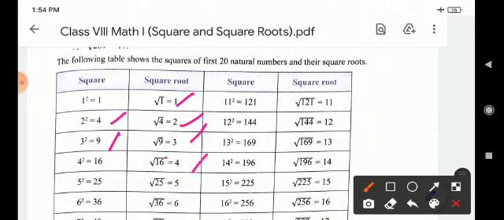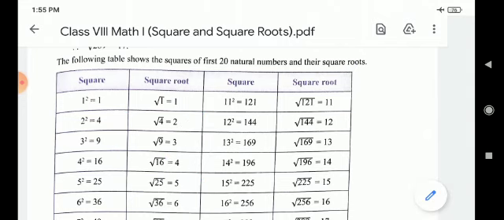Under root 16 is equal to 4. 5 square is 25. Under root 25 is 5. 6 square is 36. Under root 36 is equal to 6. Same process here. 11 square is 121. Under root 121 is equal to 11. 12 square is equal to 144. So under root 144 is equal to 12, etc.